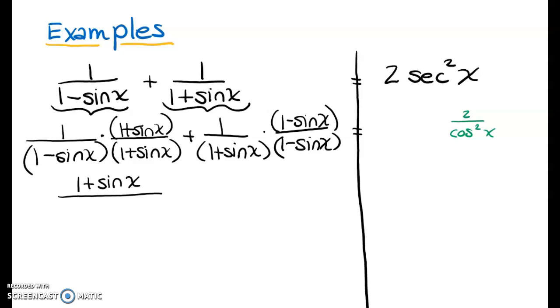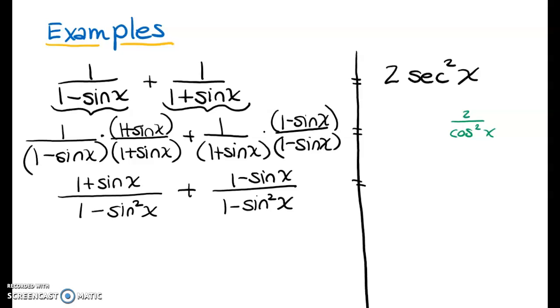When I multiply, I'm going to get 1 plus sine of x minus sine of x, so they'll reduce out, minus sine squared x, plus 1 minus sine of x over 1 minus sine squared x. In our Pythagorean identities, we have sine squared of x plus cosine squared x equals 1.